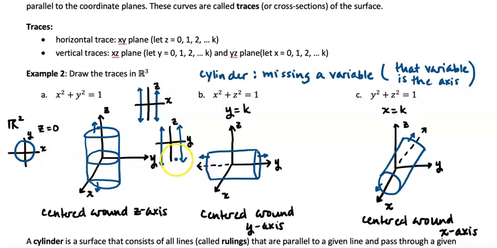And so these are our three traces. We have our trace on the xy plane, our trace on the xz plane, and our trace on the yz plane. So this is what we're talking about with those traces. Now a cylinder, it's a little bit easier to picture in 3 dimensions, but for some of our more complicated figures, this method of looking at these 3 traces is going to come in handy.